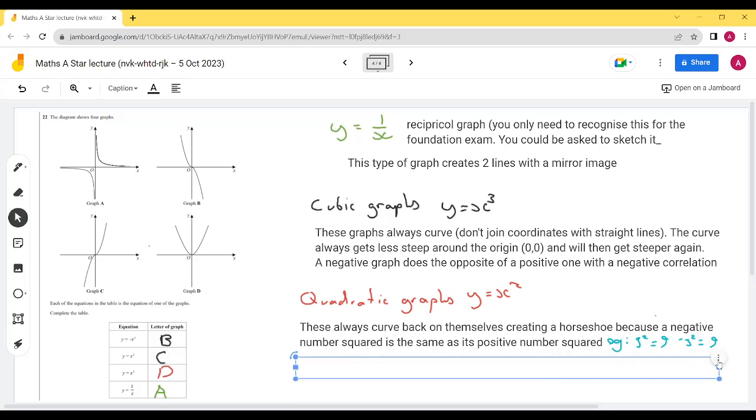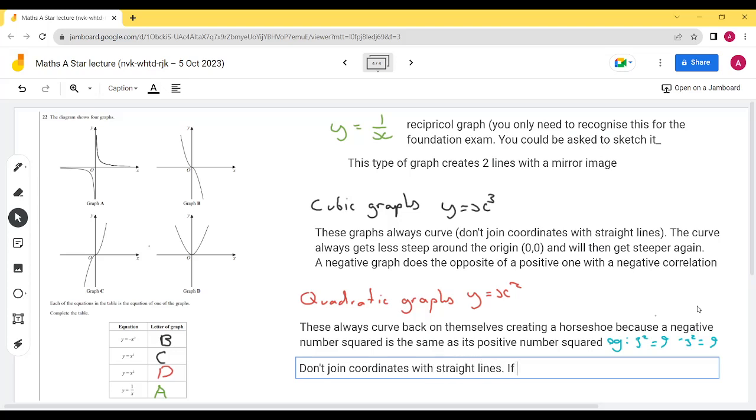And so you can see it there. Again, don't join coordinates with straight lines.